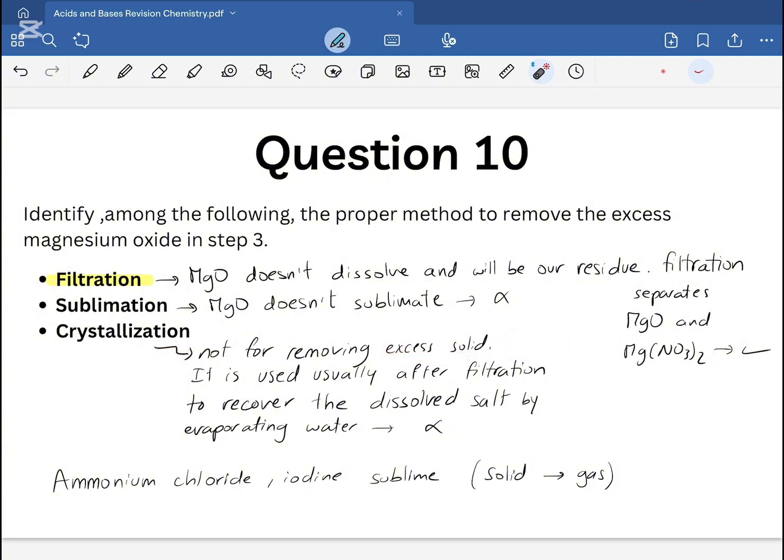Crystallization is used usually after filtration to recover the dissolved salt by evaporating the water. So crystallization is mainly used to evaporate the water and not to remove the excess solid. We use filtration to get the MgO as a residue on the filter paper, and then we can separate the salt, magnesium nitrate, and the basic oxide, MgO.